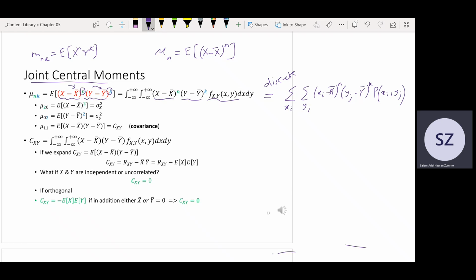Now, if we take specific examples for n and k, what do we have? For n equal 2 and k equal 0, we have mu 2,0. So in this case, we have expected value of x minus x bar to the power 2 multiplied by y minus y bar to the power 0, and hence the y bar part cancels. What is this?